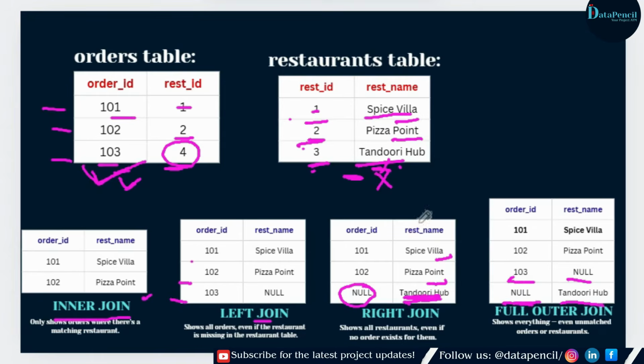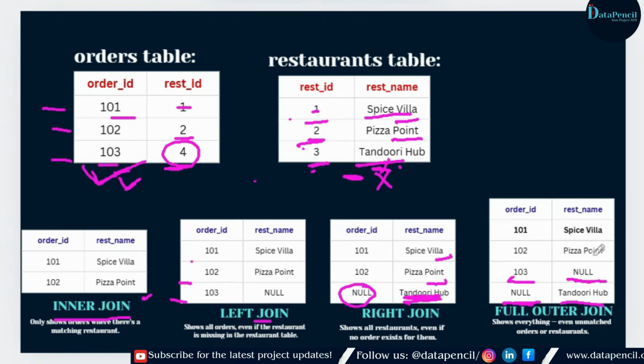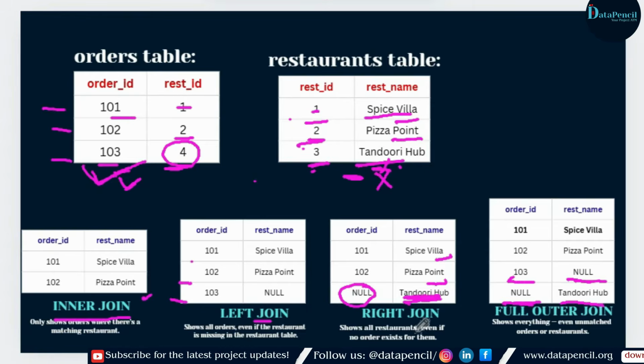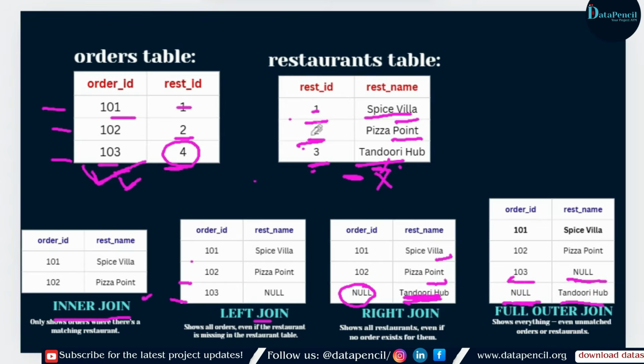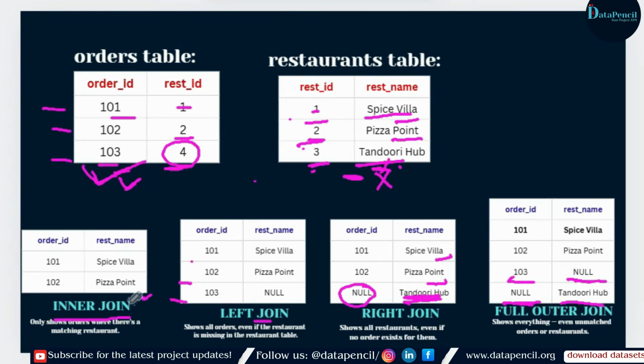Like order ID 103's restaurant name is missing here, so I will write null, no problem. Everyone lives together peacefully. So this is our full outer join. This is right join where the right table dominates. It is left join where the left table dominates, and it is inner join where only common rows come into the result window.